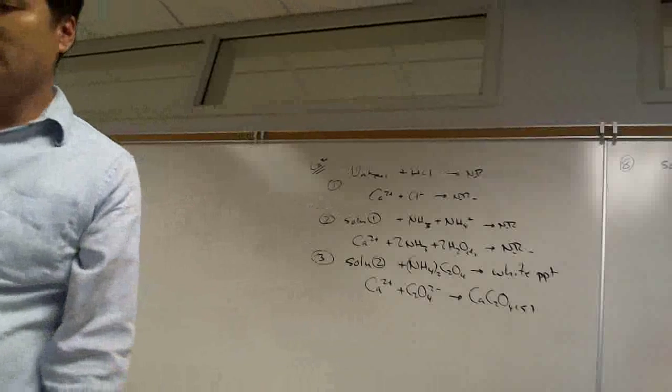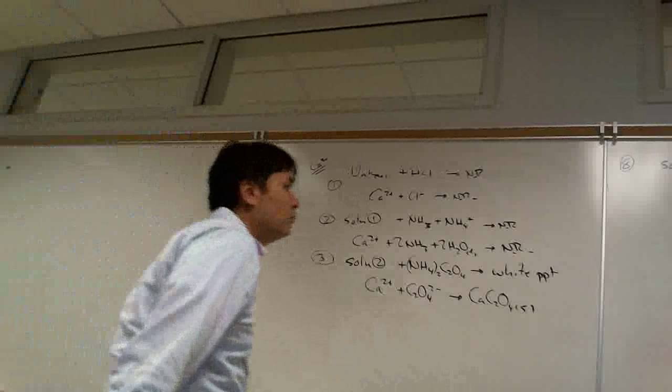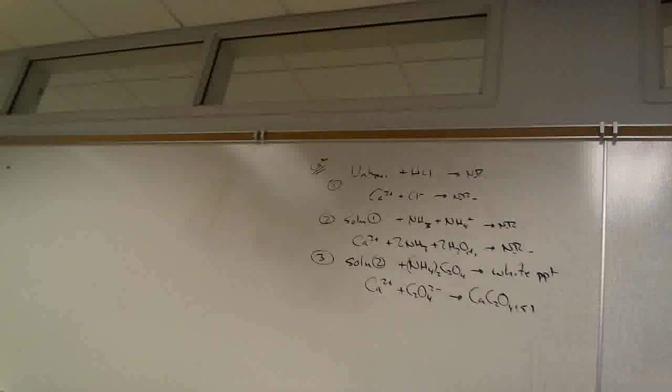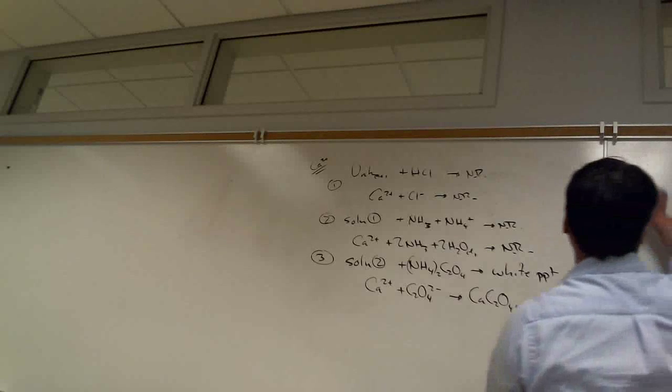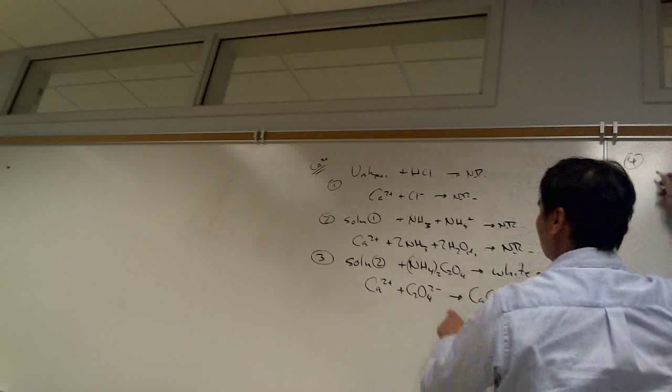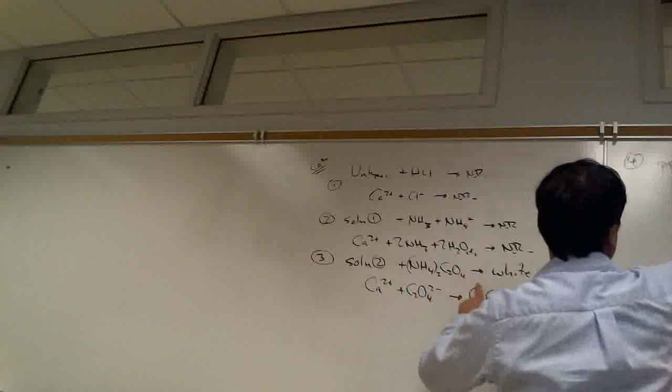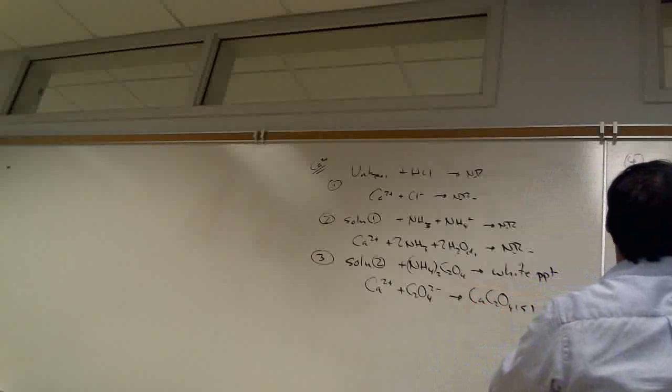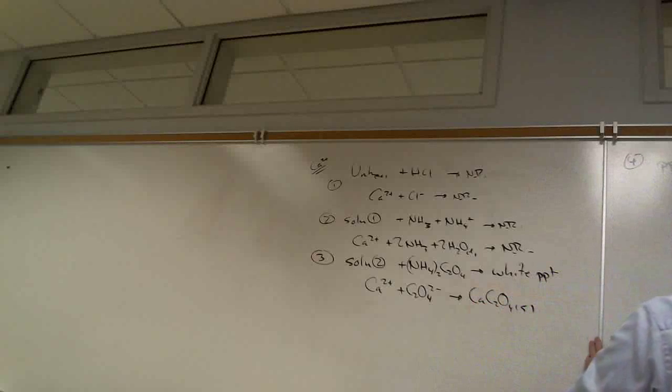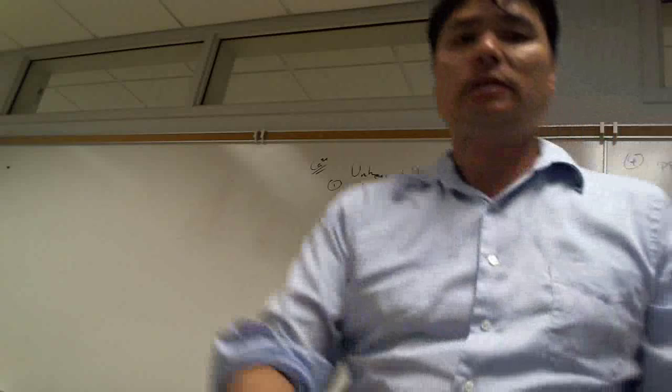So we get this calcium oxalate, and then we do what with it? Yeah, the HCl is going to do what to the precipitate? Break it down. Good. And so we get the precipitate from 3 plus HCl, and we end up with a CCS, clear colorless solution.